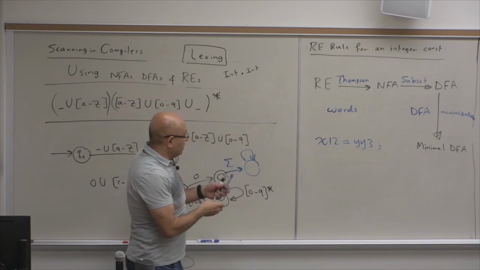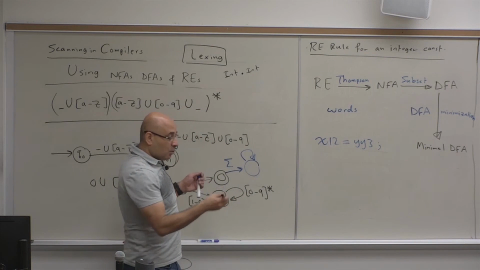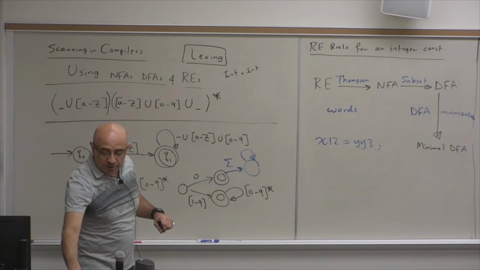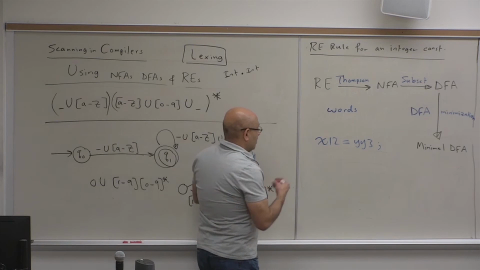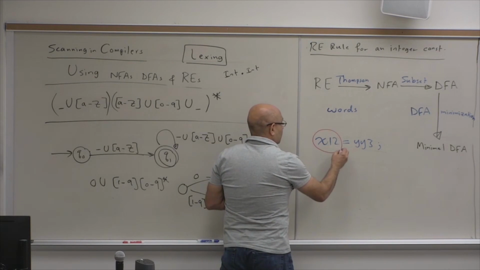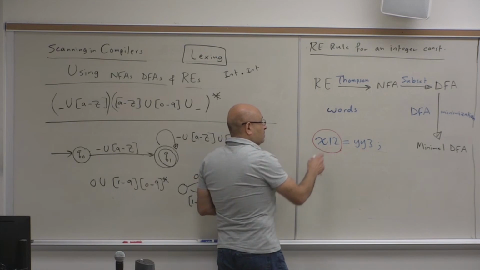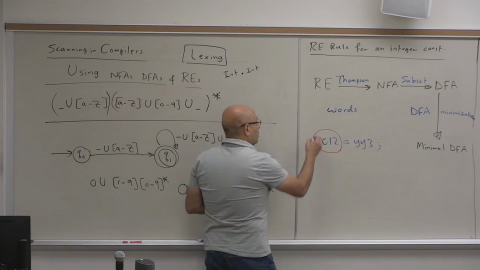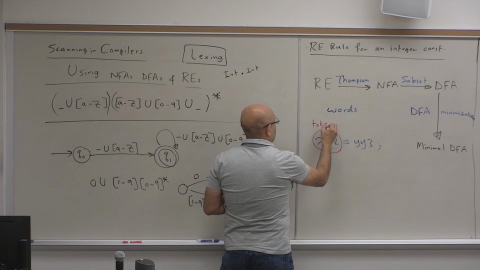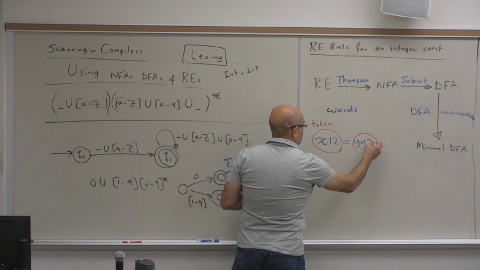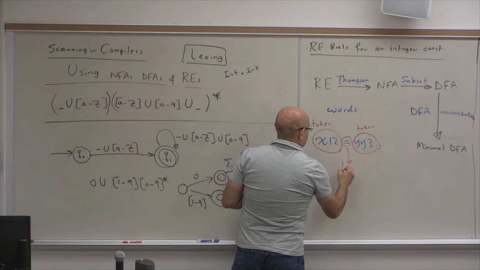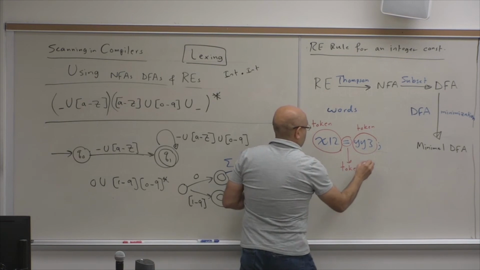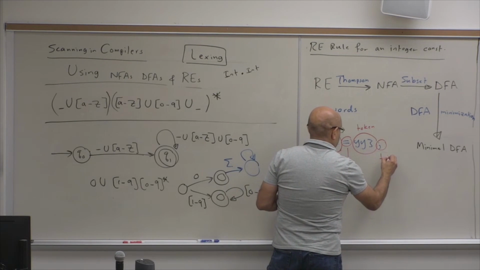This is a statement that consists of words or tokens that were recognized during the scanning. So this comes from the scanning. This gets recognized by the scanner as one token or word. And this is another token. And this is a third token.